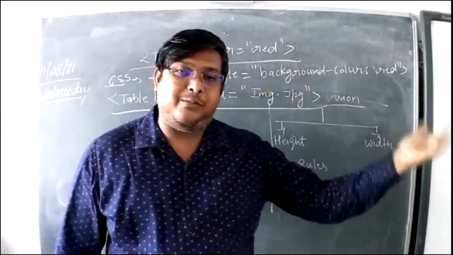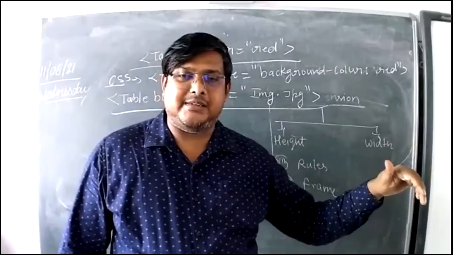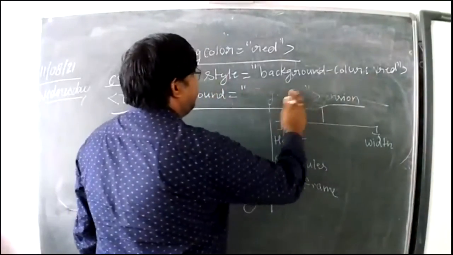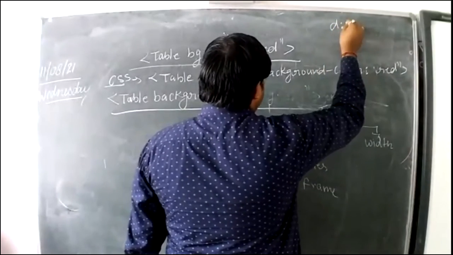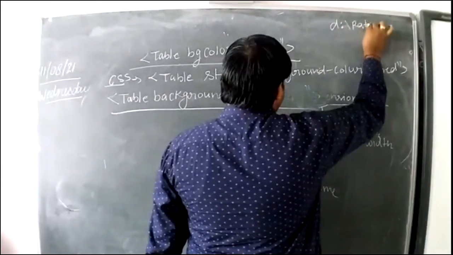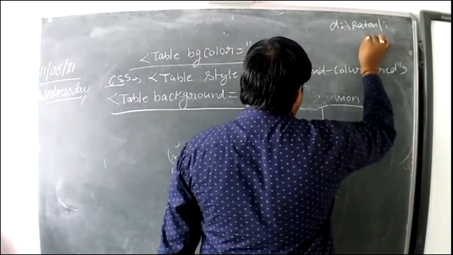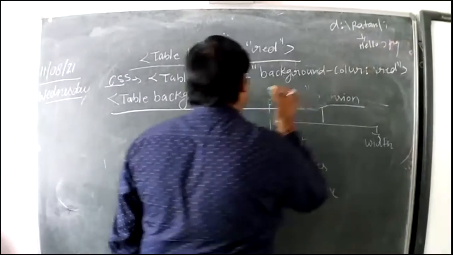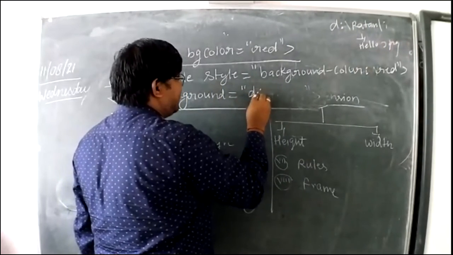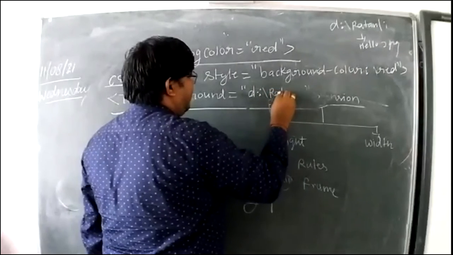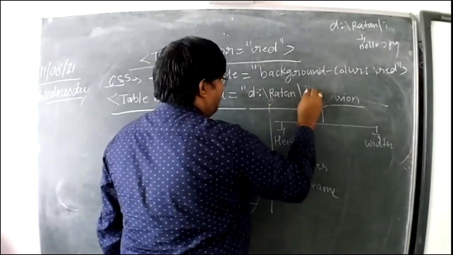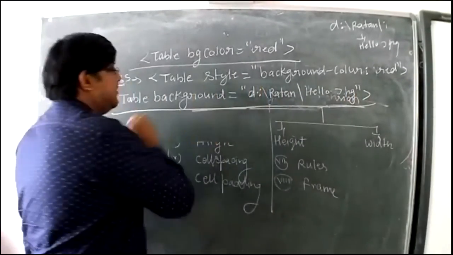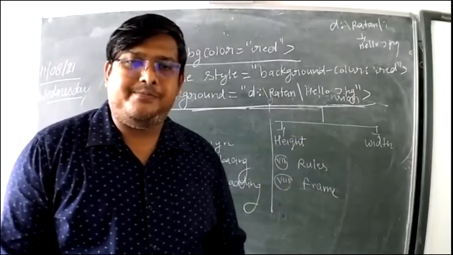And if they are in different places, not in the same location, say my image is in the D drive, I have to use the location first. Suppose in the D drive there is one folder, and in that, I have an image, hello.jpg. So how will you write it here? D drive slash, the Ratan folder, and the image name, hello.jpg. Clear?